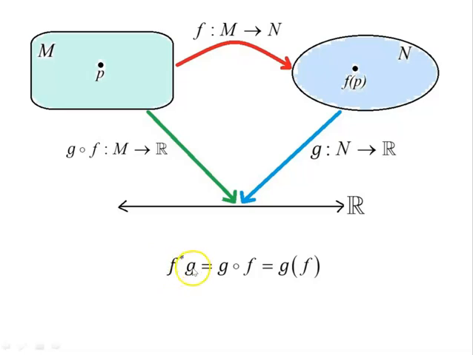So the pullback of g under the map f, f asterisk of g, is g composed with f, which is g of f, and that pulls g back to M, and then g composed with f is a map from M to the reals. So the pullback of the scalar function g under the map f is g composed with f equals g of f. It simply takes the scalar function g, pulls it back to M, and maps it to the reals.